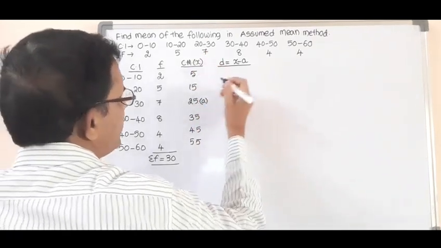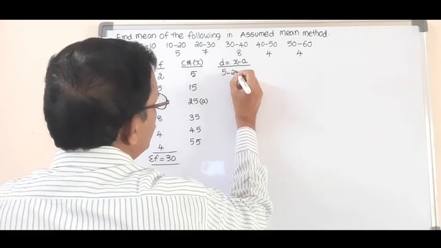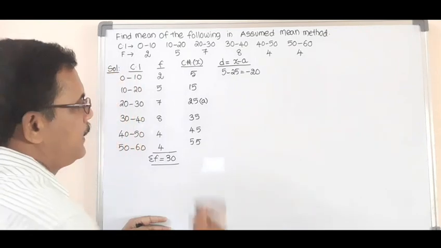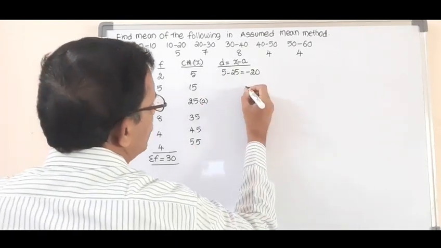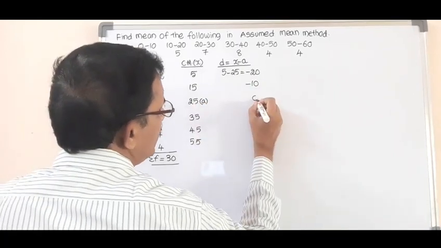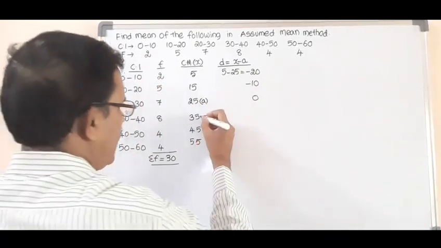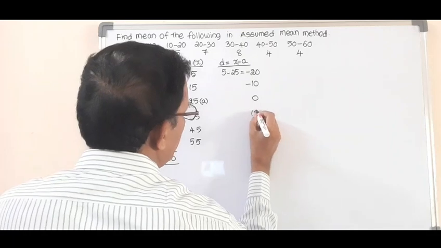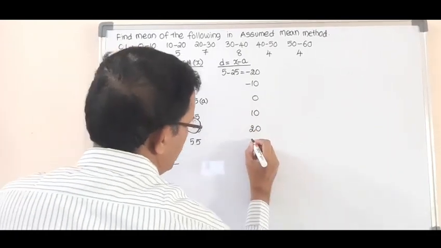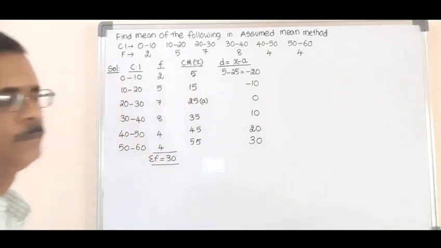So 5 minus 25 is minus 20. 15 minus 25 is minus 10. 25 minus 25, 0. 35 minus 25, 10. 45 minus 25, 20. 55 minus 25, 30.